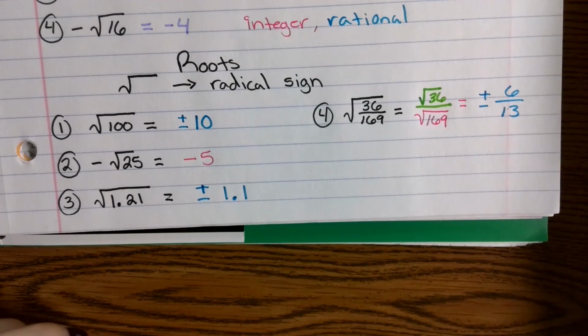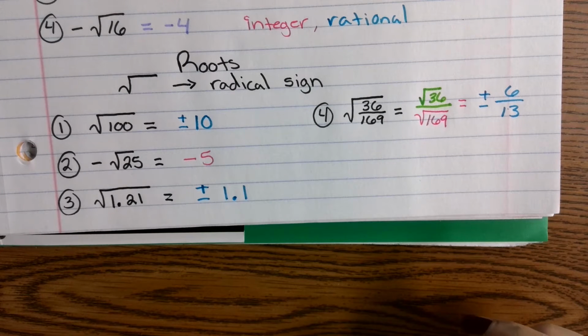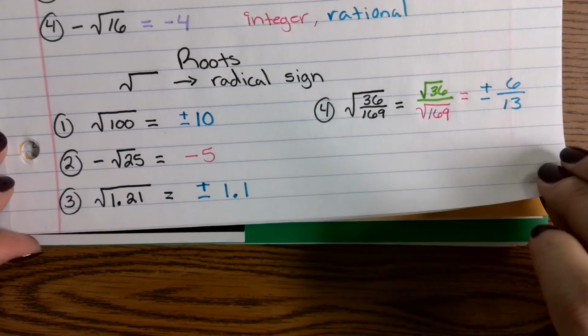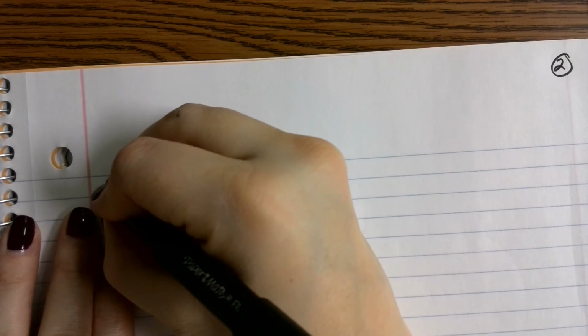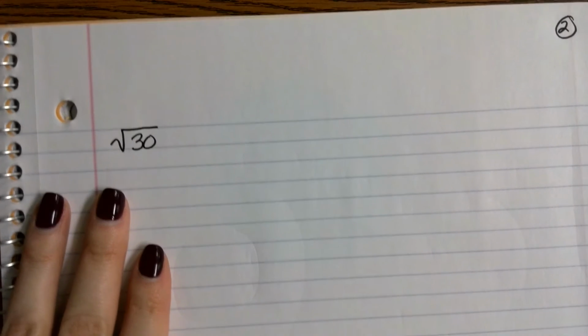Okay, let's go on to the back page, or the next page, page 2. So square root of 30, is that a perfect square?